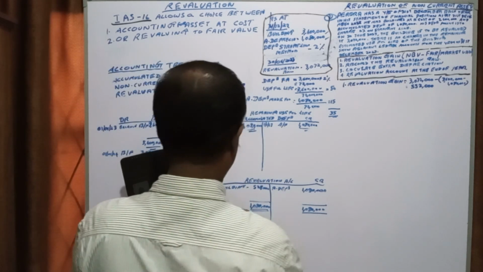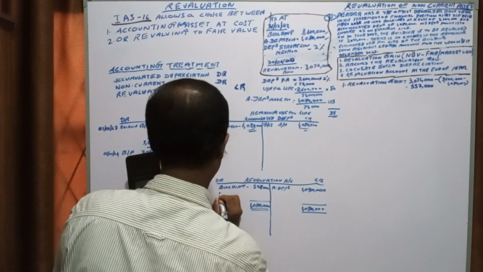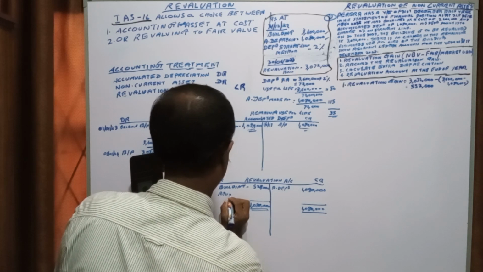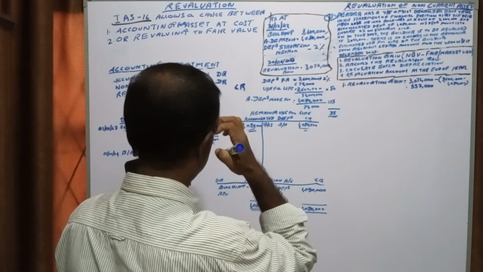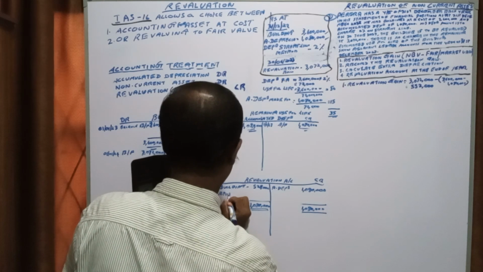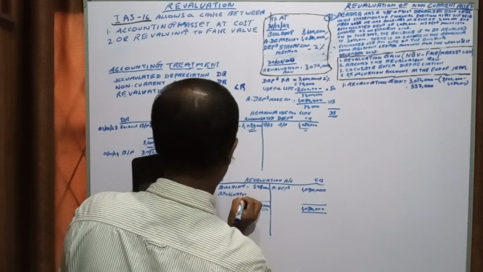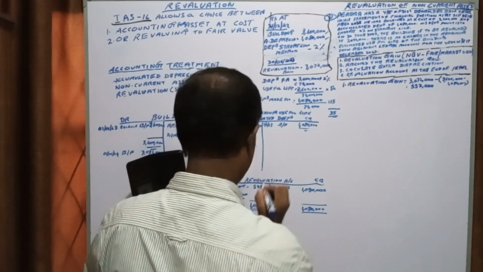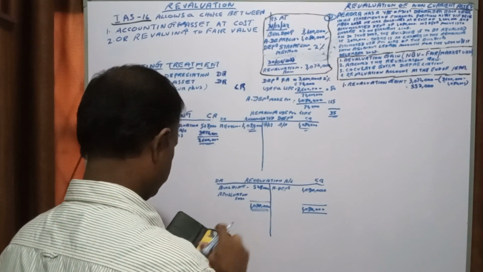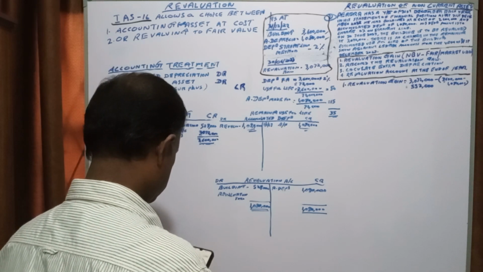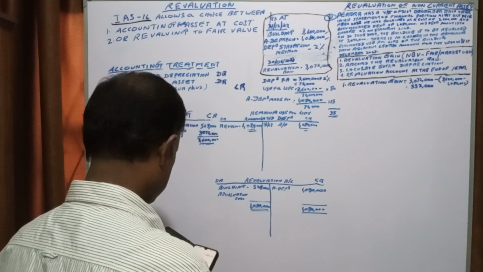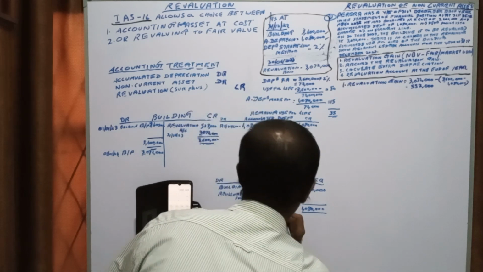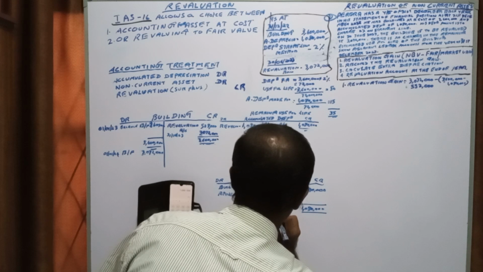So this is a revaluation surplus: 1,080,000 minus 528,000 is 552,000 revaluation surplus carried down.